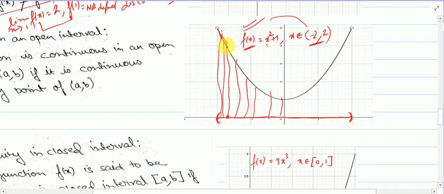Once you start drawing this graph, you don't have to lift your pen. So we shall say that a function is continuous in an open interval if the function is continuous at each point in that interval. You take any point in this interval and draw a perpendicular, and you will see that it will meet one point on this graph.